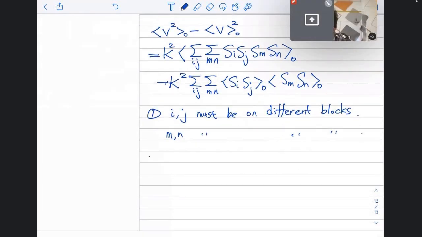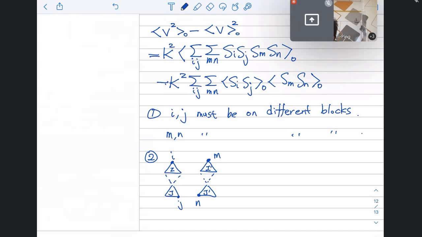So the thing that we use is that, in principle, we have blocks that look like this. And if I sits here and J sits here, another block, let's call it I prime, and M sits on I prime, and N sits on J prime.